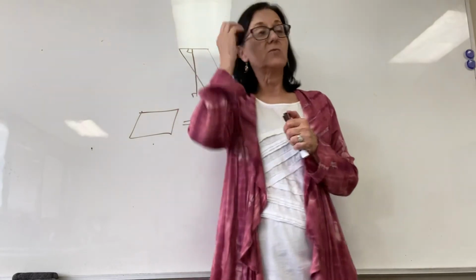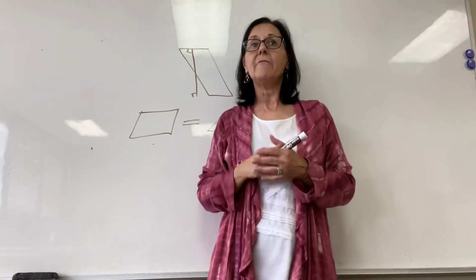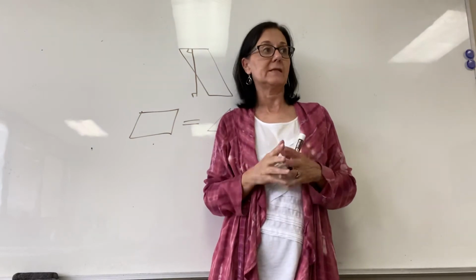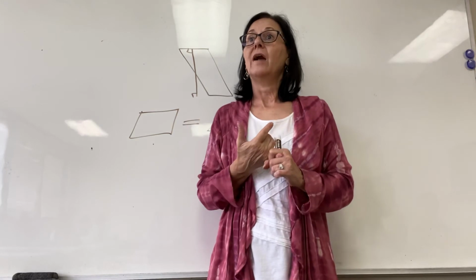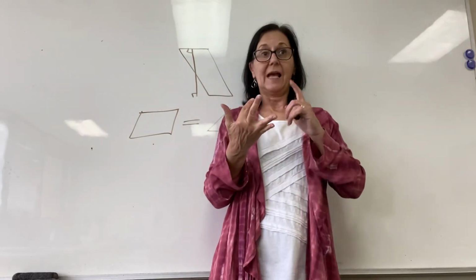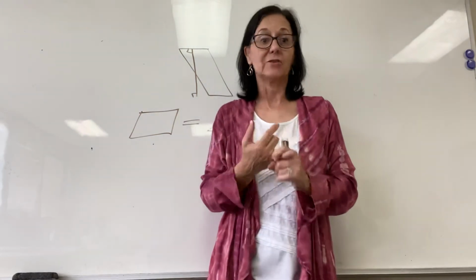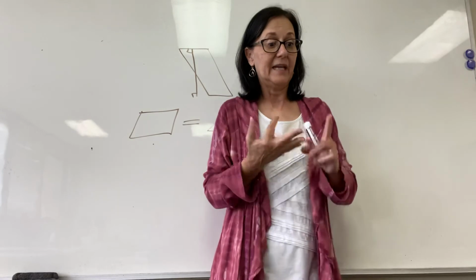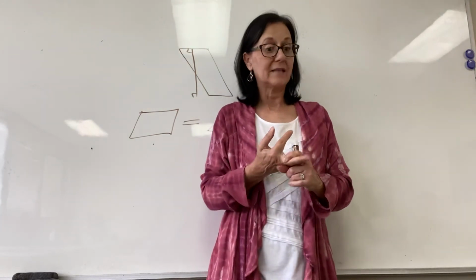Why is that true? Because what is the volume of a prism? The volume of a prism is the area of the base, whatever shape it is. If it's a circle, what's the area of the base? Pi r squared. If it is a hexagon, what's the area of the base? If it is a rectangle, the area of the base is going to be length times width.